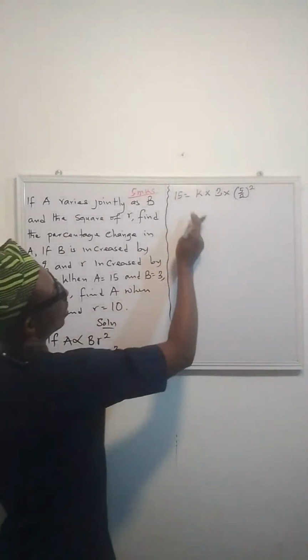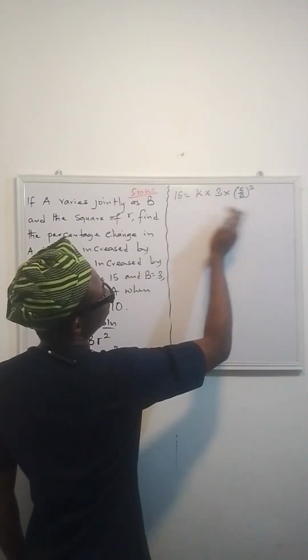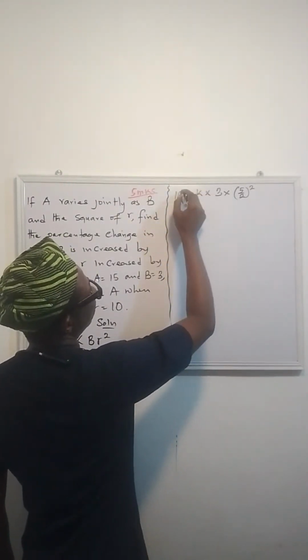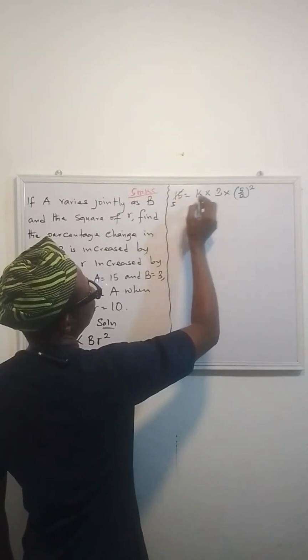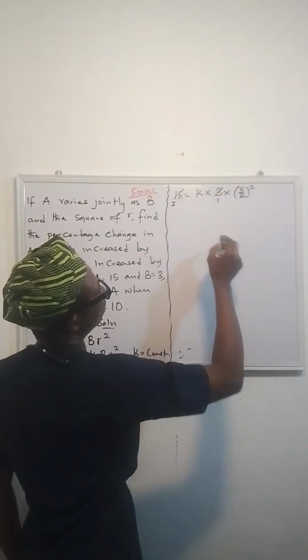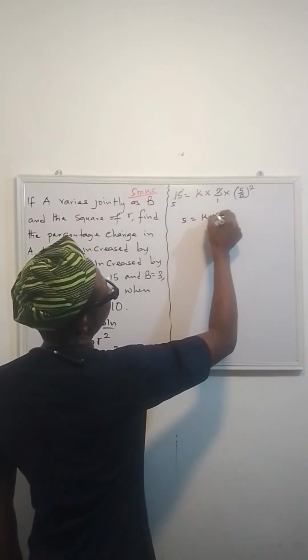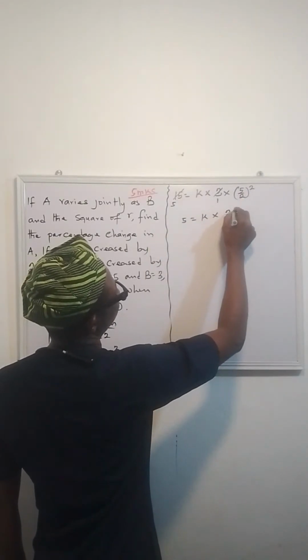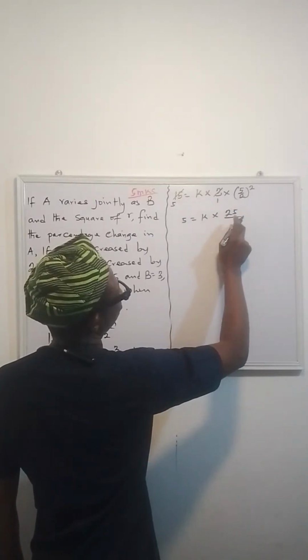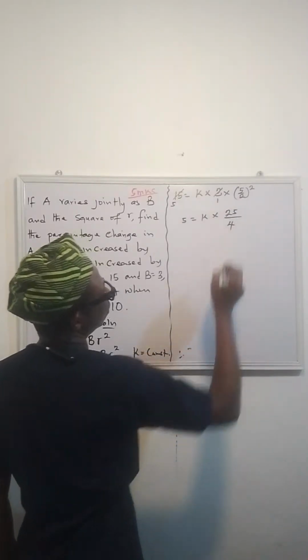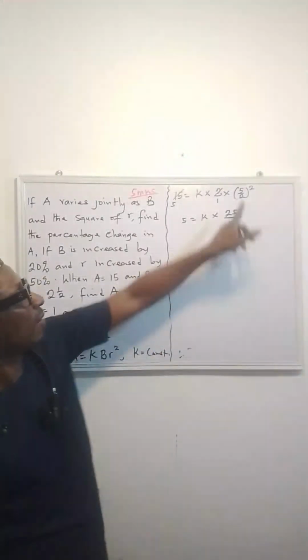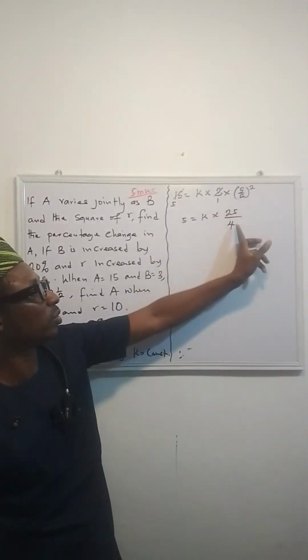So we can divide both sides by 3. When you divide this by 3, you have 5 here. Okay, this one is 1. We have 5 equals K times 25 over 4. Right? Because 5 times 5 is 25, 2 times 2 is 4.